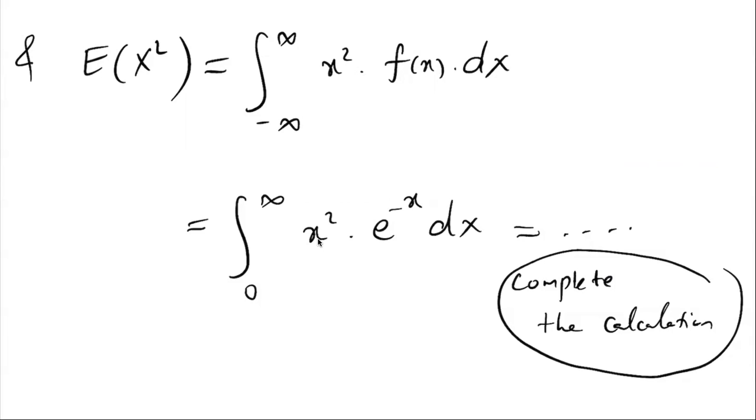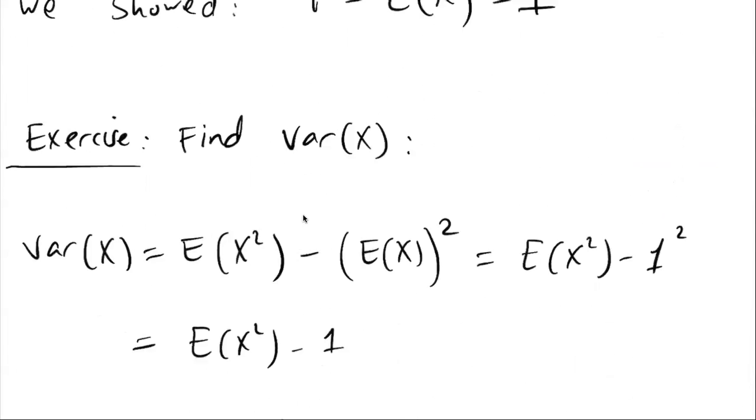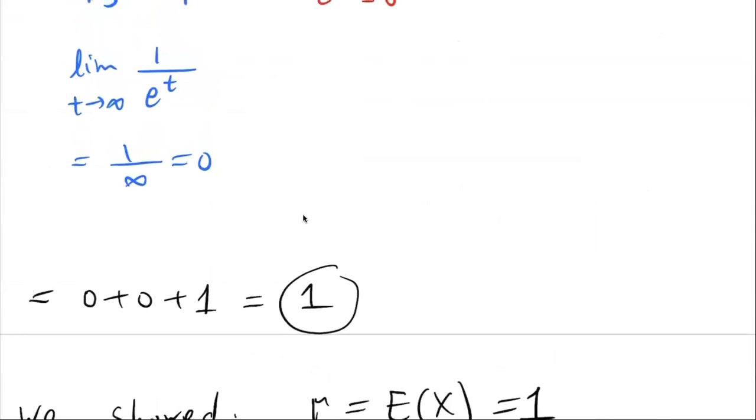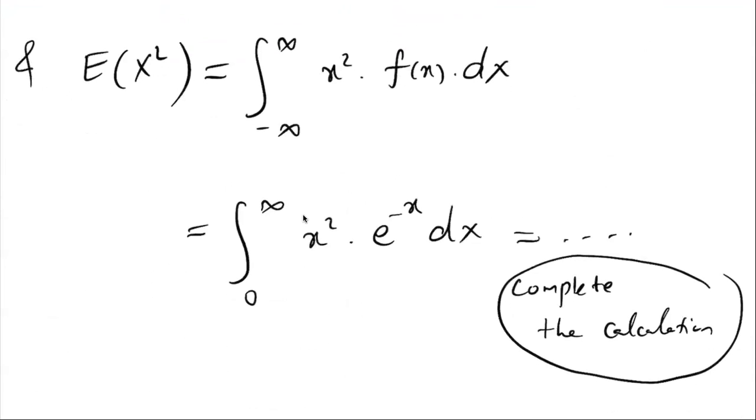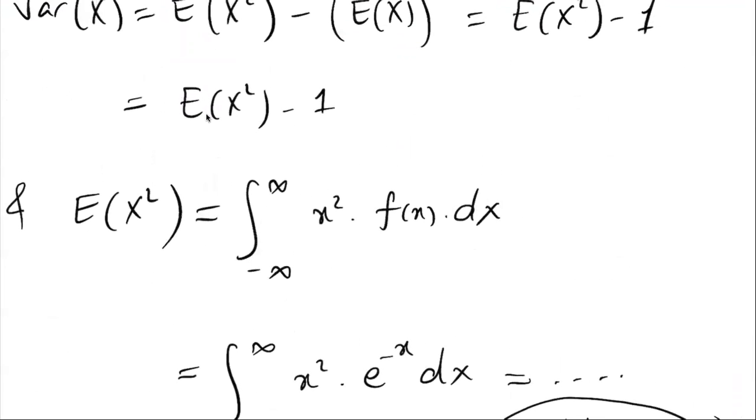This time you have x squared times e to the minus x, so you have to apply it twice. Once you find the antiderivative, apply the limits 0 to t, and then let t go to infinity. Find the limit, similar to what we did for E of x, and this way you will find E of x squared. Once you find it, the variance of x will be E of x squared minus 1.